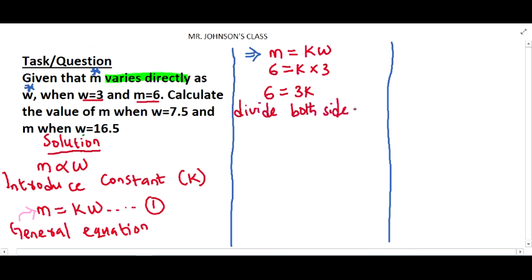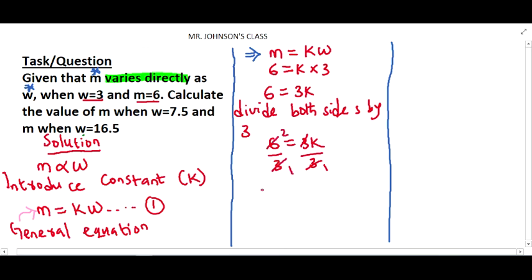If you don't really understand what I'm doing here, why I'm dividing both sides by 3, check out my video on simplifying linear equations, or any video I have on algebraic expressions. So 6 divided by 3, because I'm dividing both sides by 3, and 3K divided by 3. The 3 on the right cancels out to 1, and 6 divided by 3 is 2.